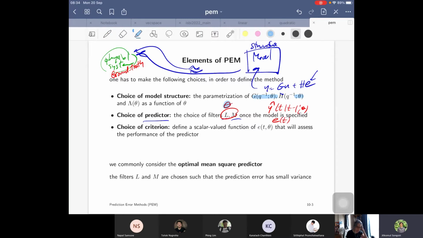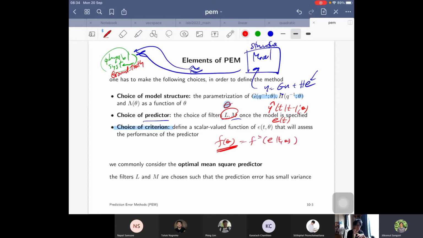Based on the form of that predictor, the best theta should be selected so that some criterion is fulfilled. That is called the choice of criterion. That f is a function of error.